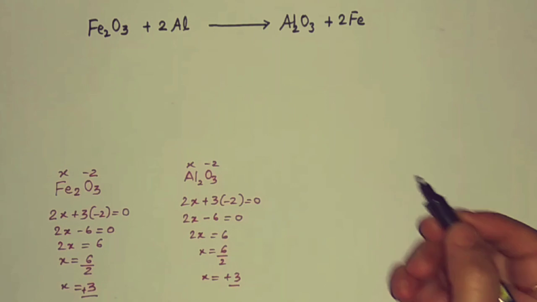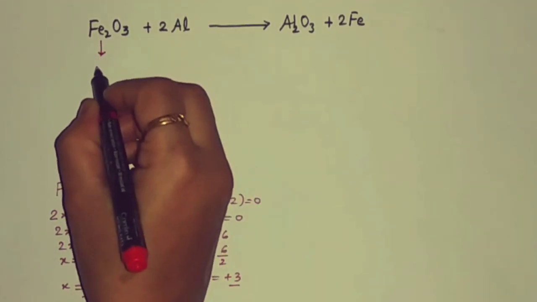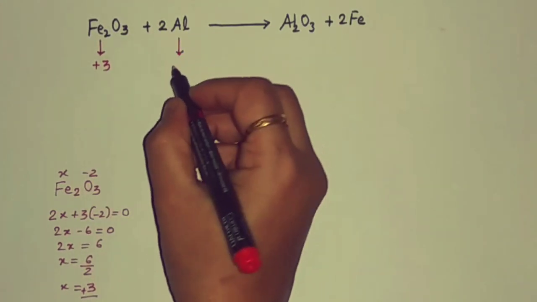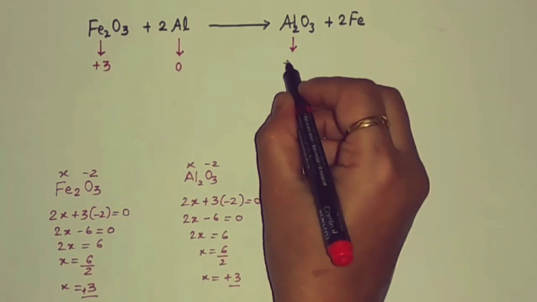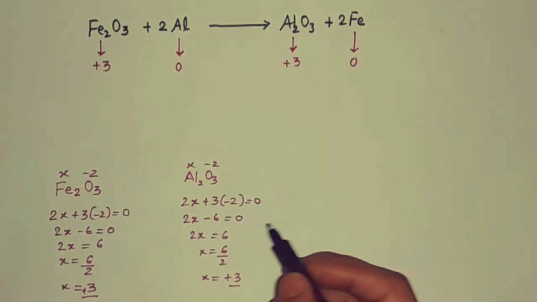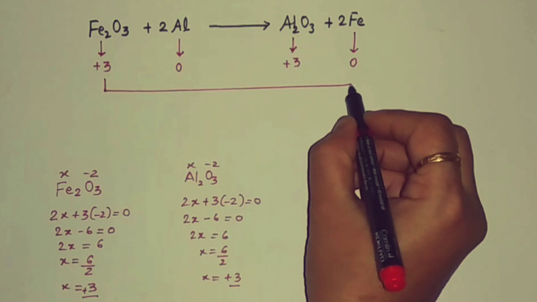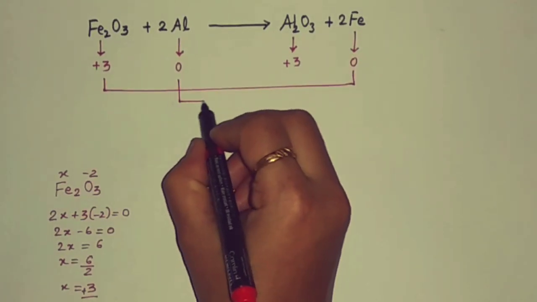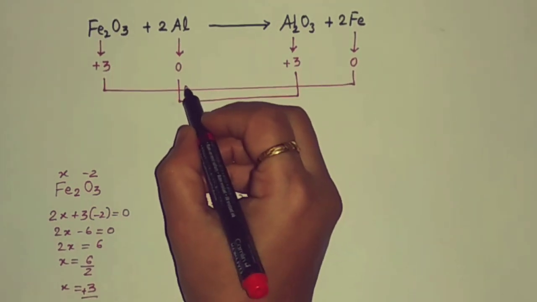Now, the oxidation number of Fe in Fe2O3 is plus 3. Al is in free state, so its oxidation number is 0. Al in Al2O3 is plus 3 and Fe is 0. So we can say that the oxidation number of Fe decreases from plus 3 to 0 and that of Al increases from 0 to plus 3.